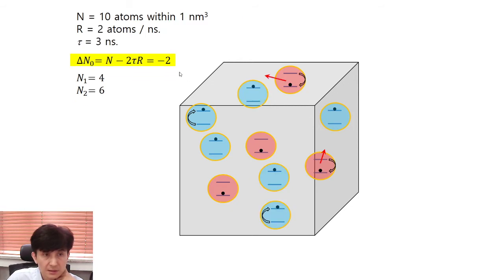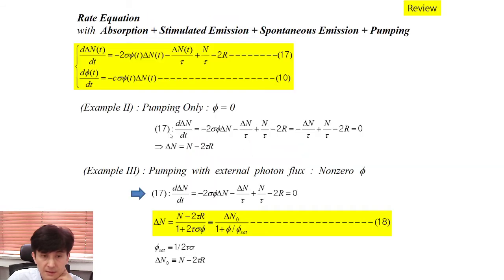And let's consider a case where the pumping rate is increased from 1 atom per nanosecond to 2 atoms per nanosecond. Every other condition is the same. Then delta N0 from this equation, delta N0 is n minus 2 tau r.